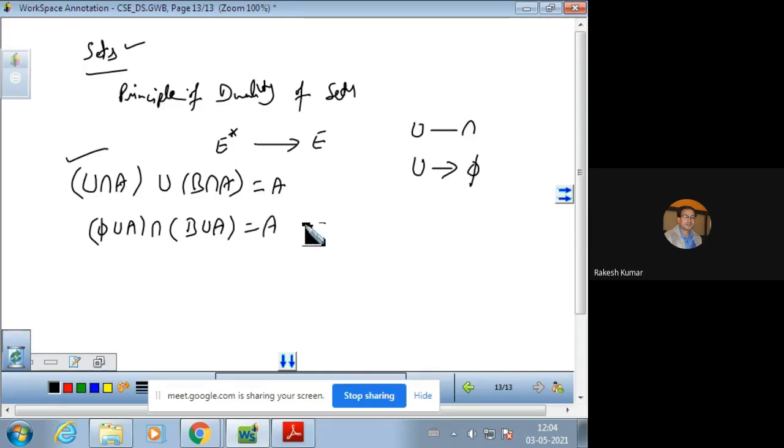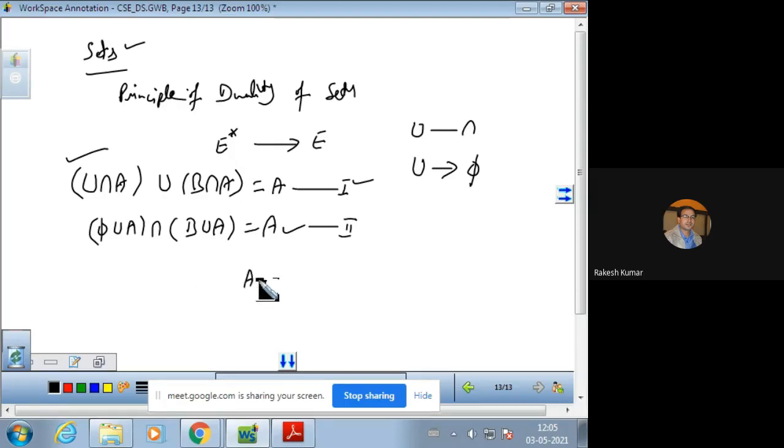So that is equal to A. So this equation, you can name it as 1 and name it as 2. We can say that 2 is the dual of equation 1, or 1 is the dual of equation 2, because both equations are vice versa of each other.